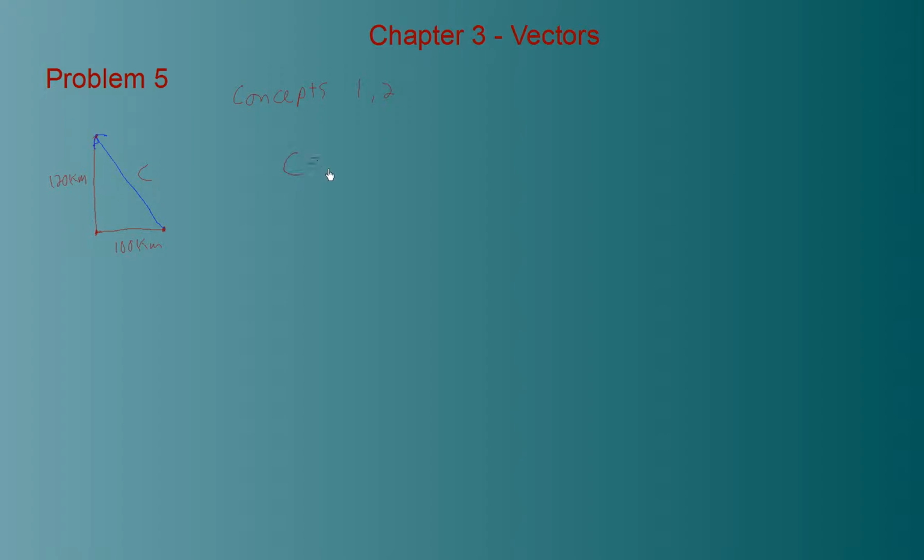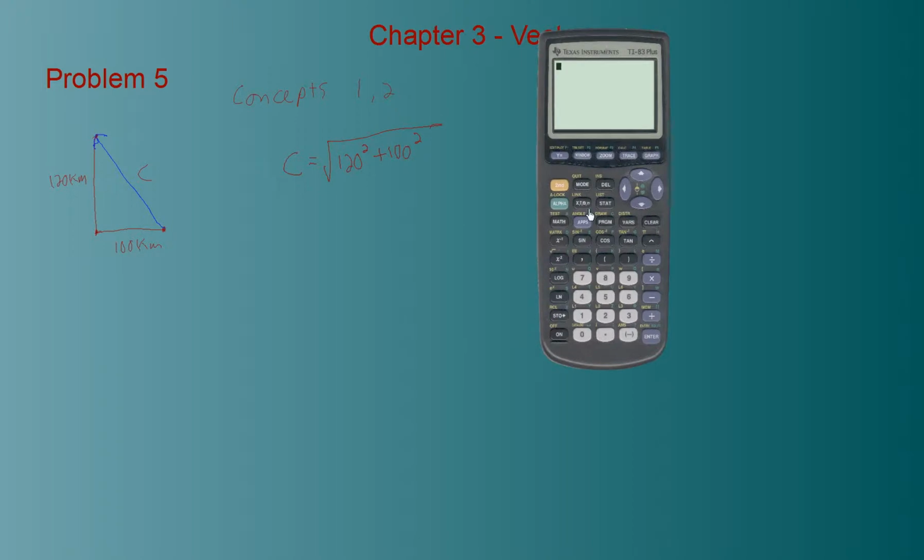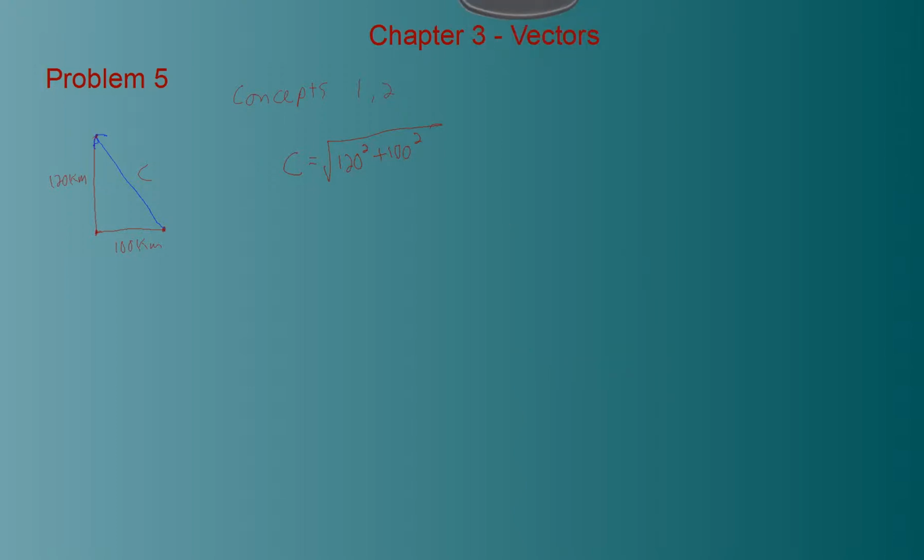So C equals the square root of 120 squared plus 100 squared. What does that equal? The square root of 120 squared plus 100 squared is 156.2.